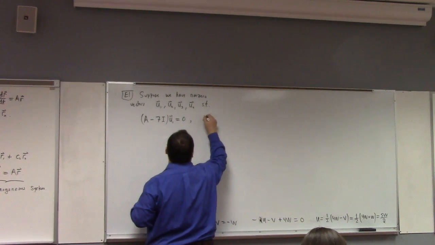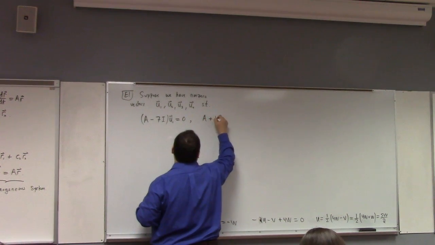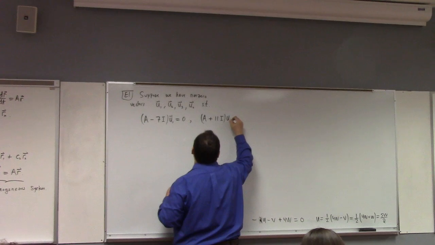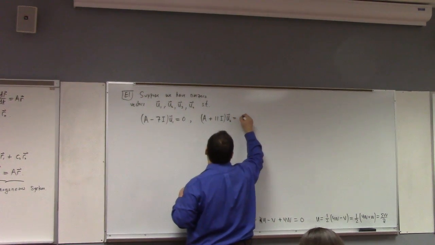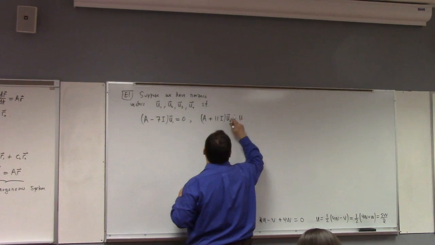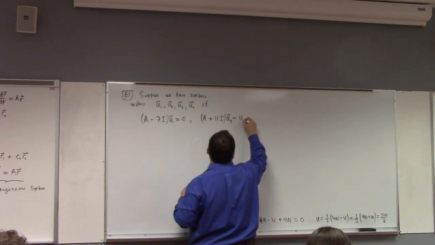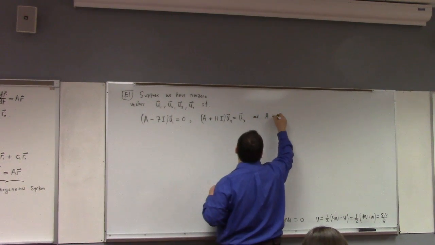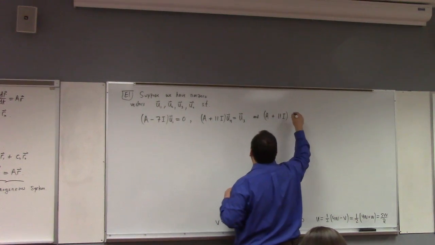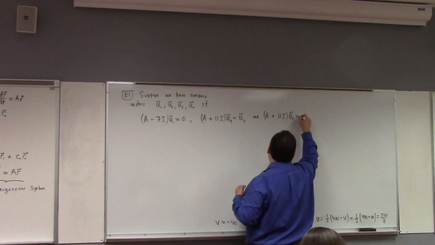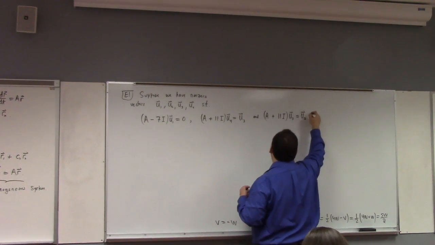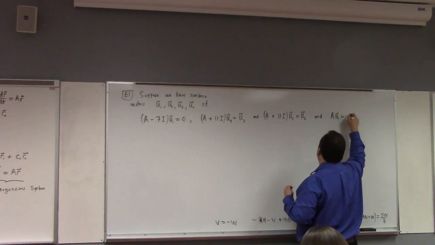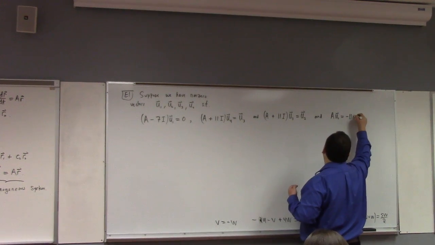And then (A plus 11i) u4 is equal to u3, and (A plus 11i) u3 is equal to u2, and A times u2 is equal to minus 11 times u2.